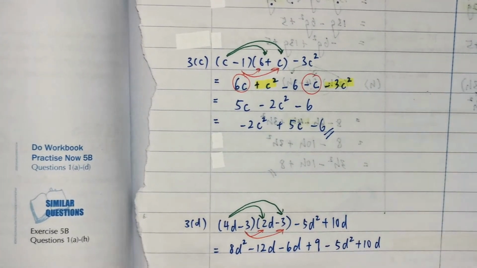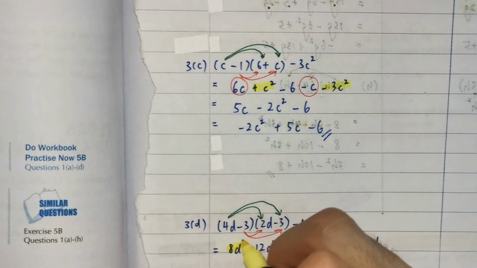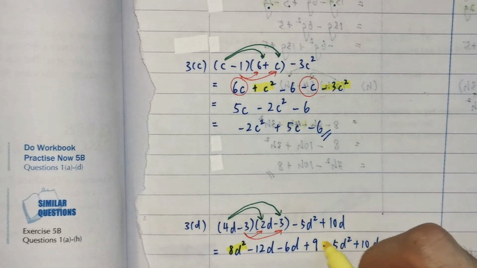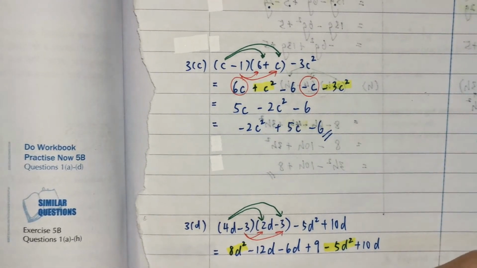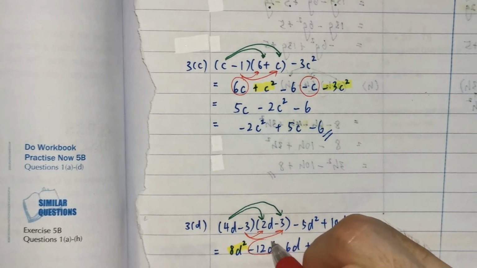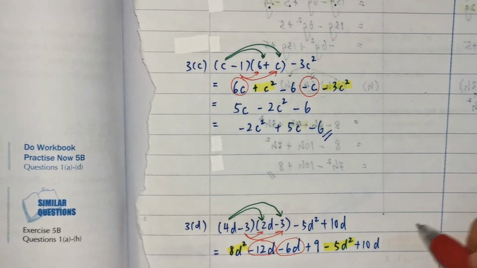So now I need to group all the like terms together. 8d squared, negative 5d squared. Negative 12d, negative 6d, positive 10d.